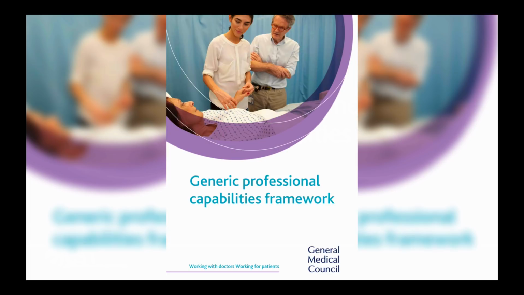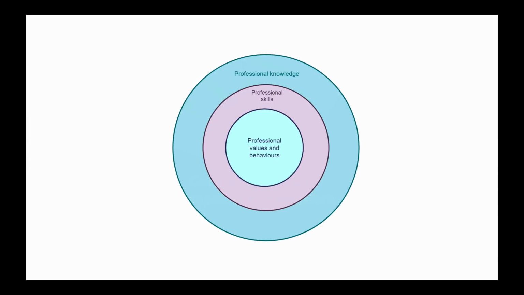It's required that GPCs are embedded within training curricula, and doctors in training must demonstrate the achievement of these generic outcomes by CCT. The Generic Professional Capability Framework is divided into 9 main domains. 3 of these are inherent in all we do as doctors: professional values and behaviours, professional skills, and professional knowledge.